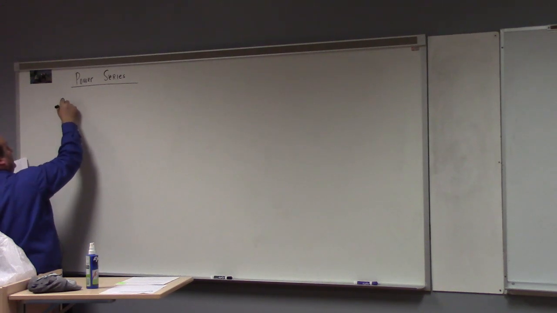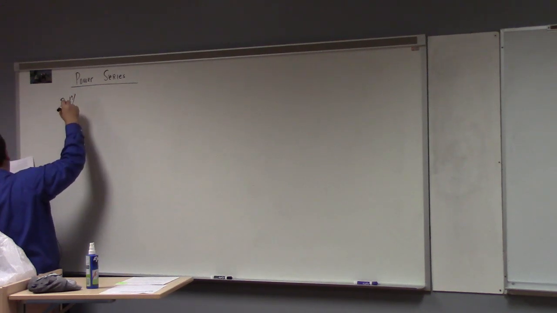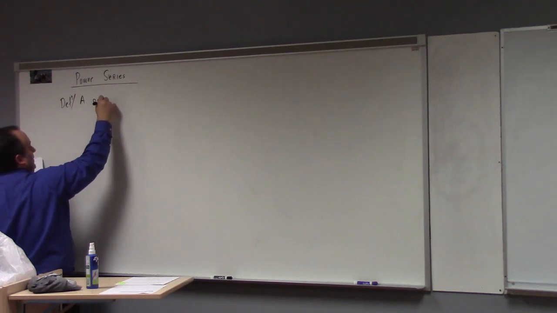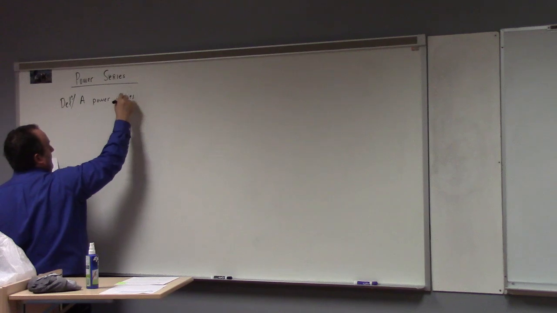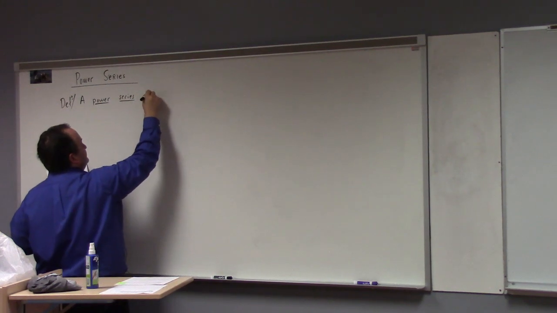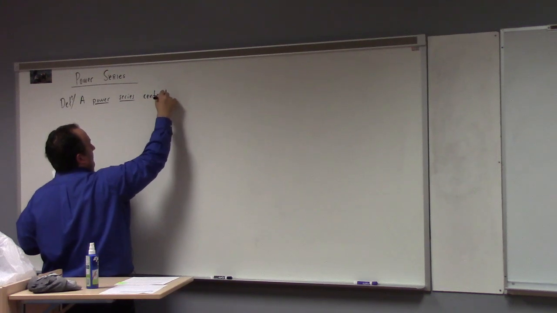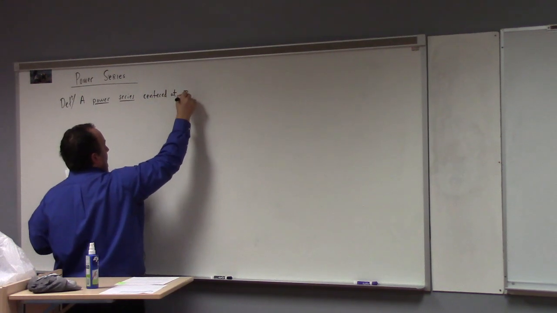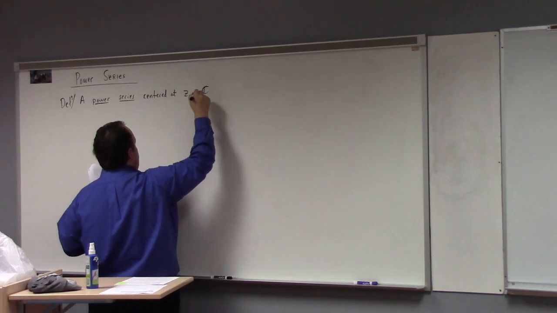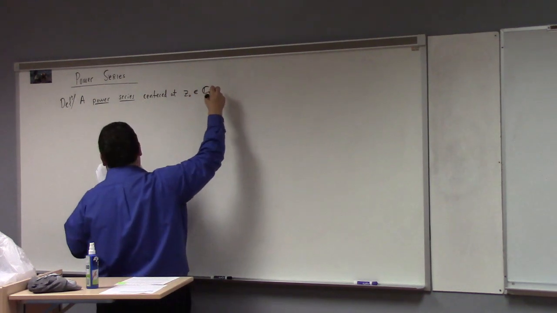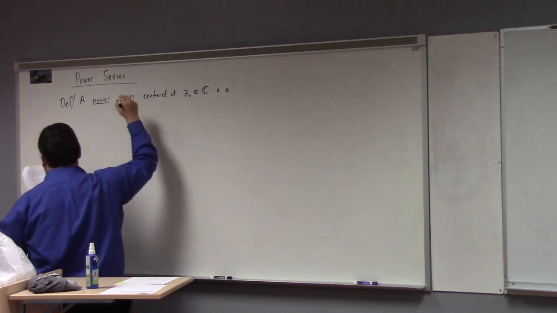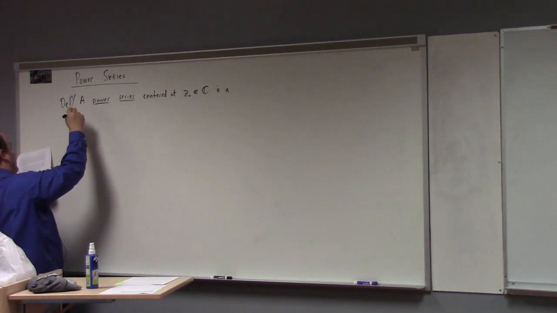First of all, a definition. Power series centered at z0, which is going to be a complex number for us, of course. I'm going to change it up from the notes a bit here.